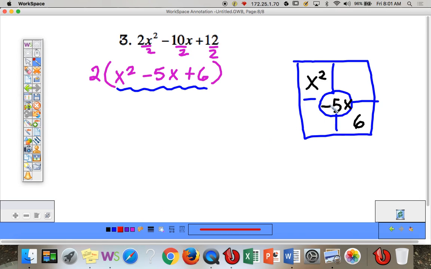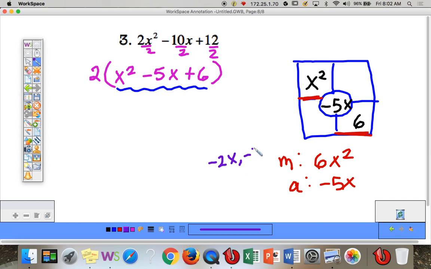And we want to know what multiplies to 6x squared that adds to negative 5x. So if you think about it, this would be negative 2x and negative 3x. They multiply to a positive, and they add to a negative. So in either order, I'll put our factors, our numbers, and then we'll get the outside of the box.